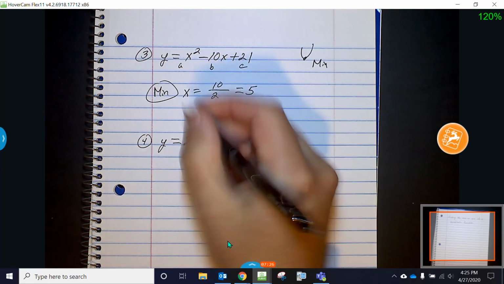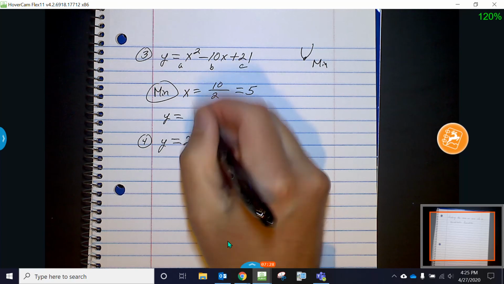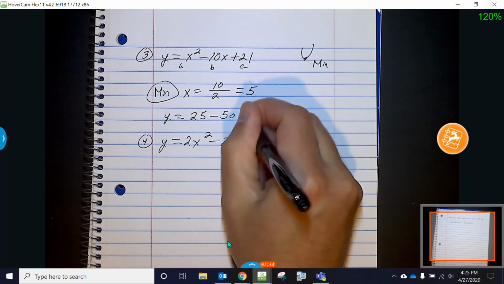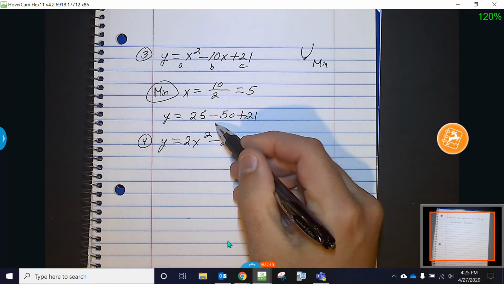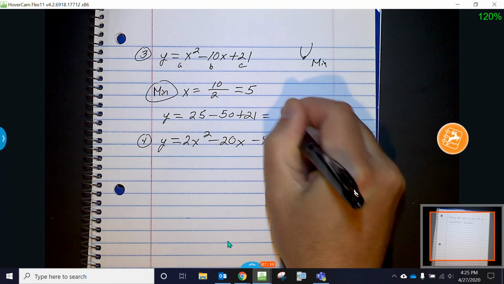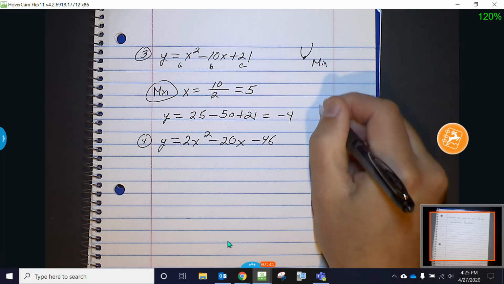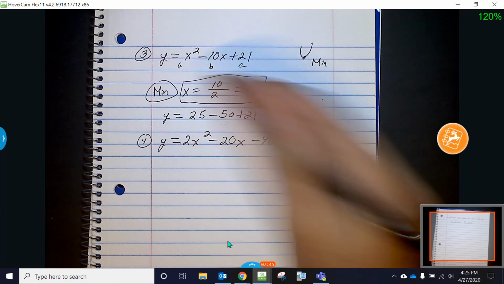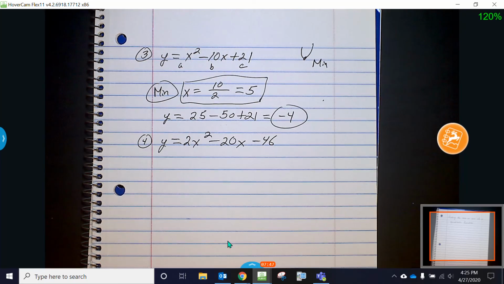To find the y value, 5 squared is 25, minus 10 times 5, which is 50, plus 21. We get -25 plus 21, which is -4. So this is your x value right here, and this is your y value.